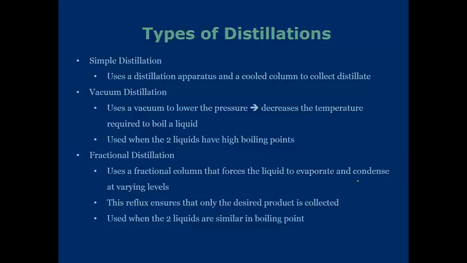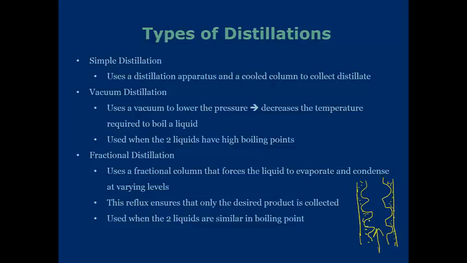If you don't remember what a fractional column looks like, it looks something like this. On the inside of the column, you will see ridges, very similarly like so. As the product and possible impurities evaporate up, it's going to cool via this outside area. So there's going to be some sort of cooling mechanism going through here.